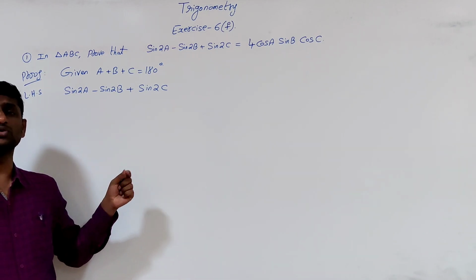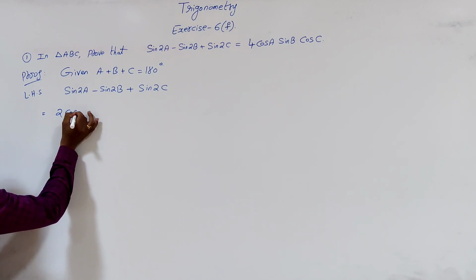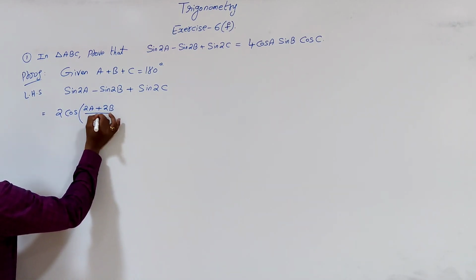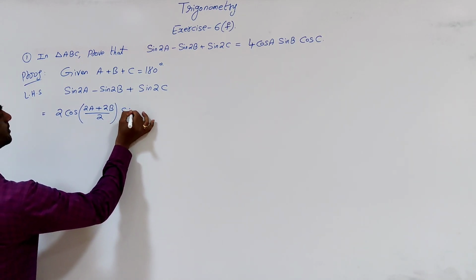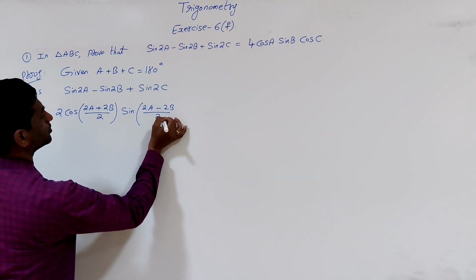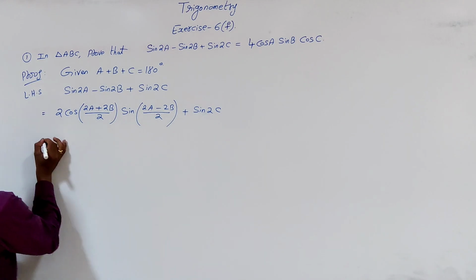This can be transformed to the product, that is 2 cos of (2A plus 2B) by 2 into sin of (2A minus 2B) by 2, plus sin 2C as it is.